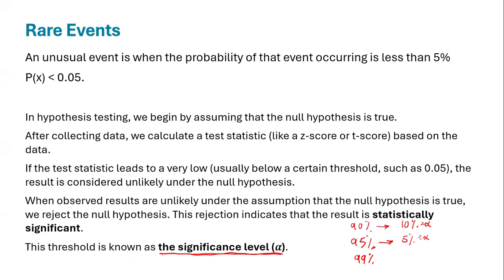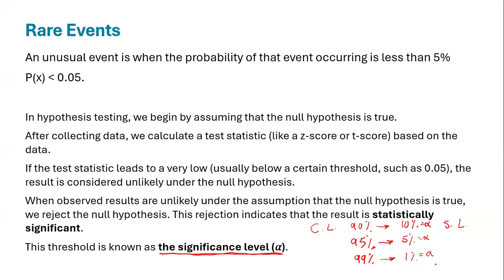That's the significance level. If the confidence level is 99%, there is 1% left for any type of error that we may have, which is alpha, and the significance level is 1%.